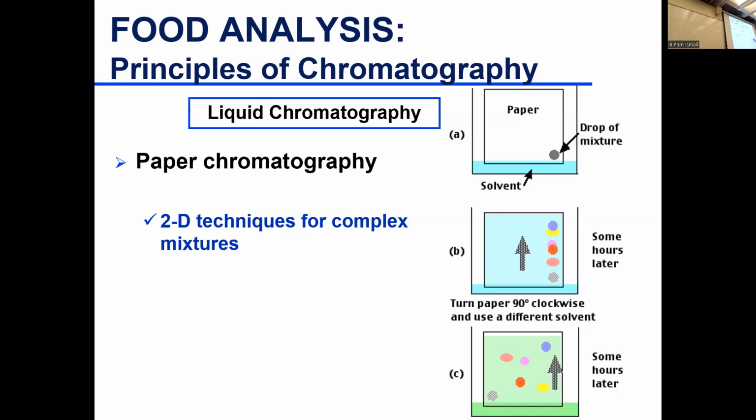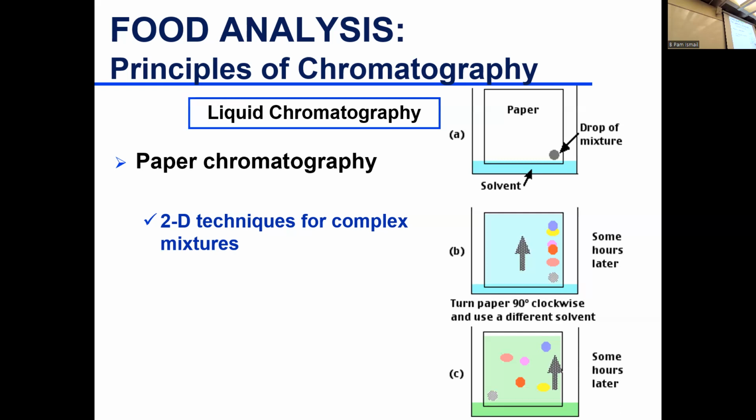After you develop, you take it and put it in a completely different solvent. Let's say you started with hexane, you go here with diethylene, for example. You flip it and run another separation.